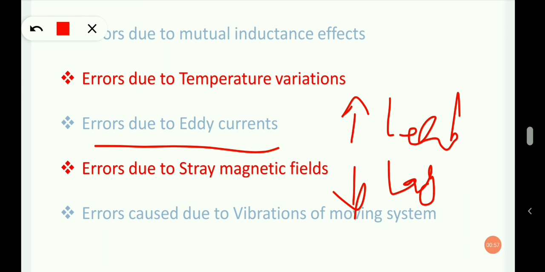These errors cannot be determined easily and they are very serious. Hence, it is necessary to eliminate them.